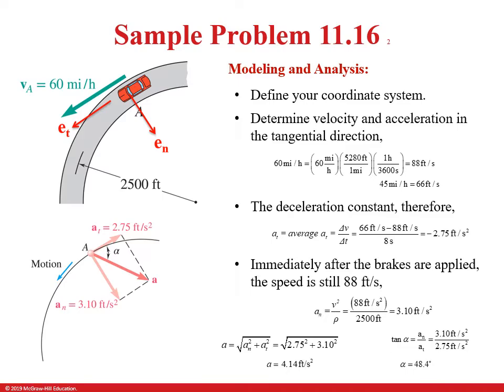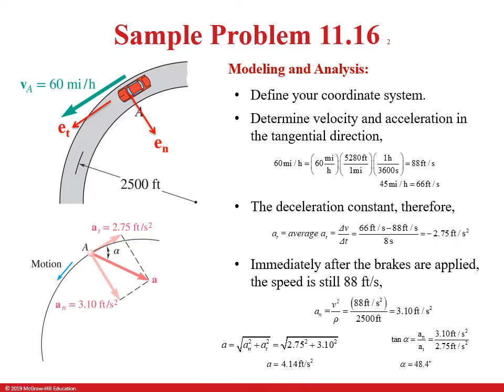So first, they convert it from miles per hour to feet per second. Okay, that's fine. 60 miles per hour, 5,280 feet per mile, 1 hour, 3,600 seconds. Make sure you don't make any simple mistakes by flipping these the wrong way. Always do a sanity check.